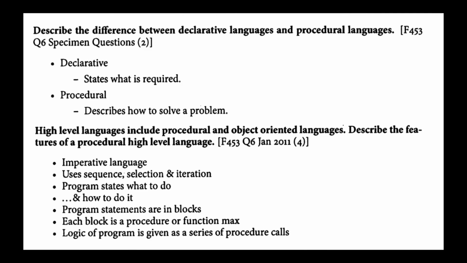Programs state what to do and how to do it. Program statements are in blocks. Each block is a procedure or function. Not really sure what the max bit is, but I've seen that before. Another thing is the logic of the program is given as a series of procedural calls.